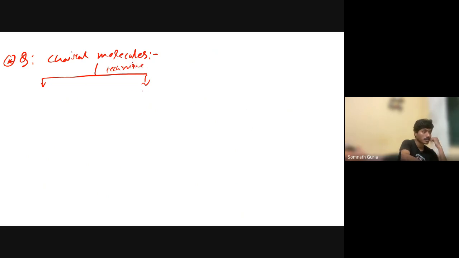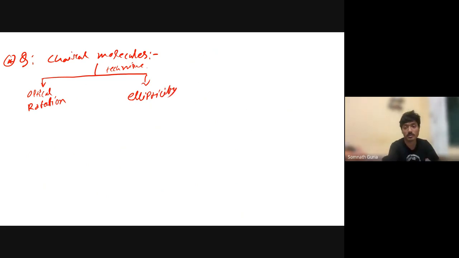One is my optical rotation, another will be my ellipticity. So which one will be the more reliable? Now the question will be which one will be the more reliable.